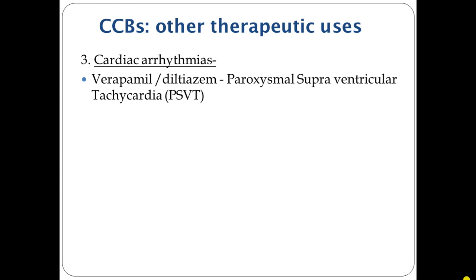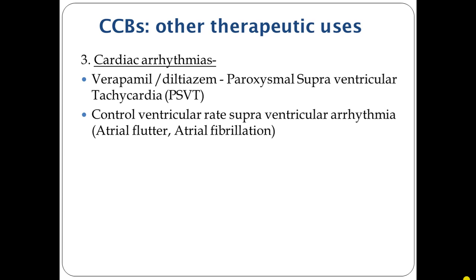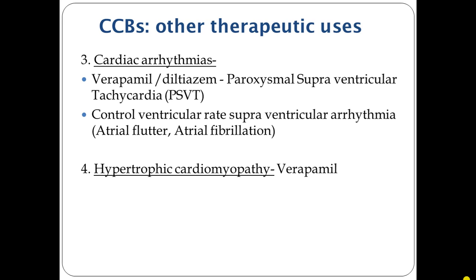Other therapeutic uses: calcium channel blockers are effective drugs for cardiac arrhythmia. Verapamil and diltiazem are very effective drugs for paroxysmal supraventricular tachycardia. They control the ventricular rate in supraventricular arrhythmias also, like atrial flutter and atrial fibrillation. They can be useful for the management of hypertrophic cardiomyopathy also, where verapamil is used.